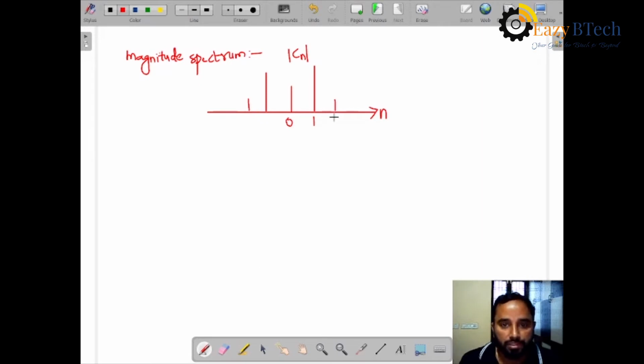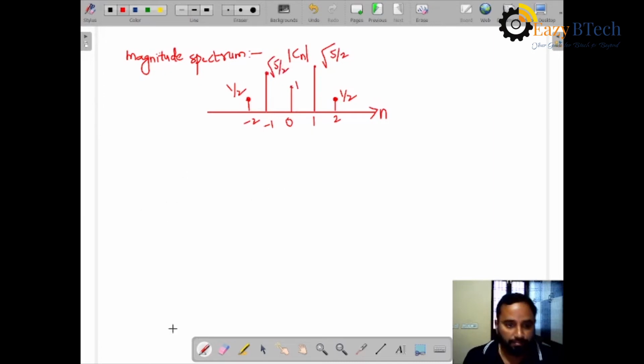Clear? So at 2 and minus 2 the magnitude is 1 by 2, at 1 and minus 1 it is root 5 by 2, and C0 is 1.